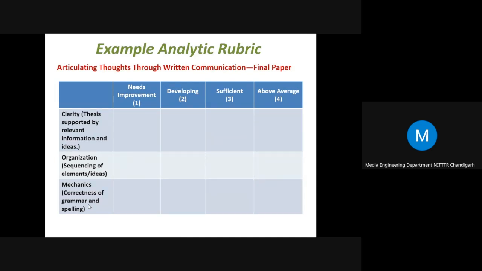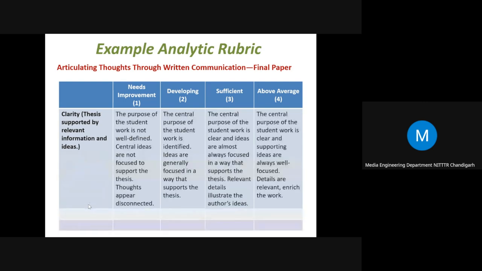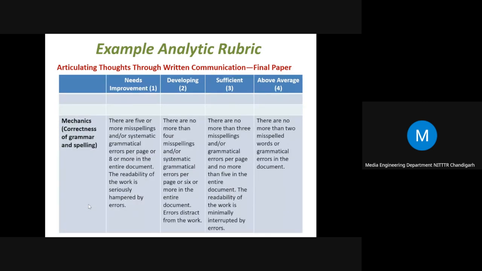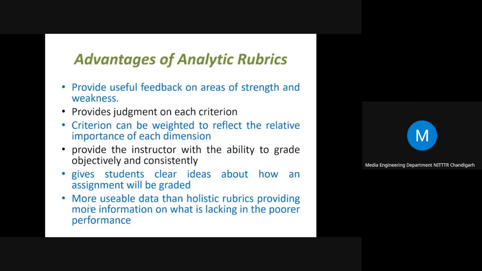Say we want to give more weightage to clarity, so we'll multiply the scale points by, say, 2. That will be double weightage with respect to clarity if we are multiplying the other scale points by 1. So that way we can give more weightage to a particular criterion, or such kind of design of the rubrics may be done.